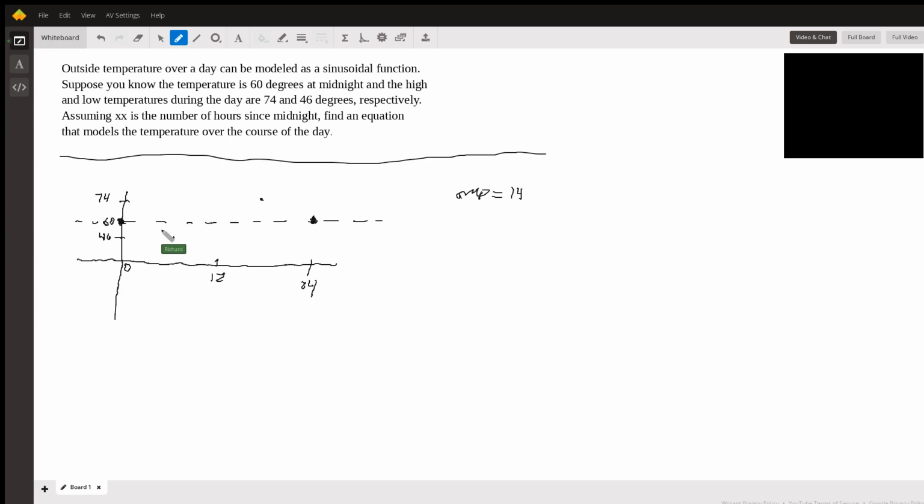So here we are. So it's going to go down to the minimum, and then we don't know when it crosses the midline again, but it would be a 12. It would have to, because it's got to go back up here and then down here. So that's our curve.